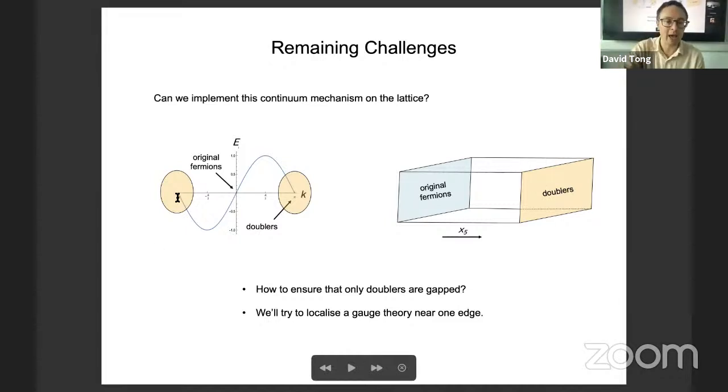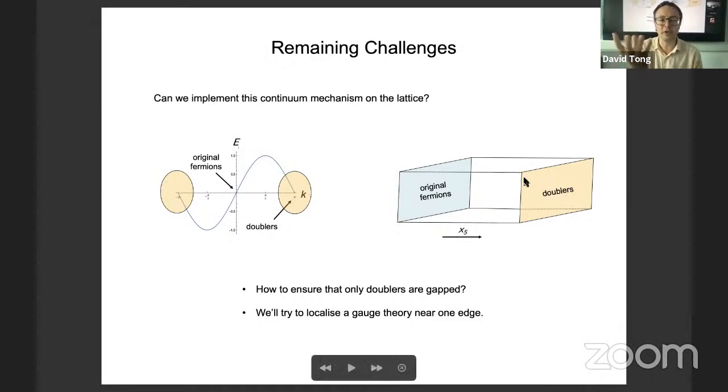So what do we have? We have these two manifestations of the fermion doubling problem, one in momentum space and the other using domain wall fermions in an extra position. The challenge is to try and introduce interactions which only the doublers experience and the original fermions do not.